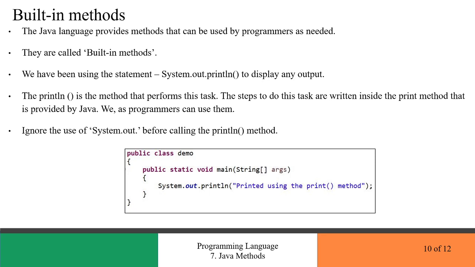The println is the method that performs this task. The code to do this is written as part of the println method itself and is provided by Java to us. We as programmers can utilize the functionality which is already written inside. This is an example of a built-in method.